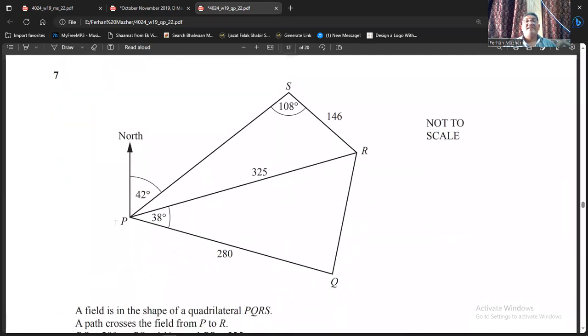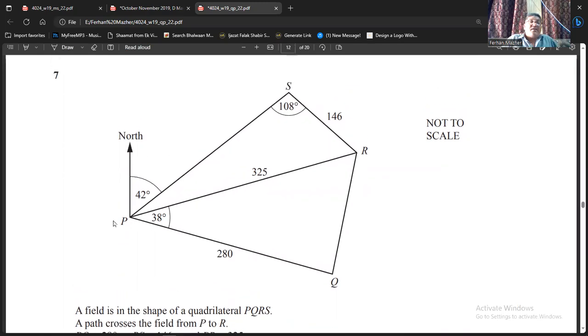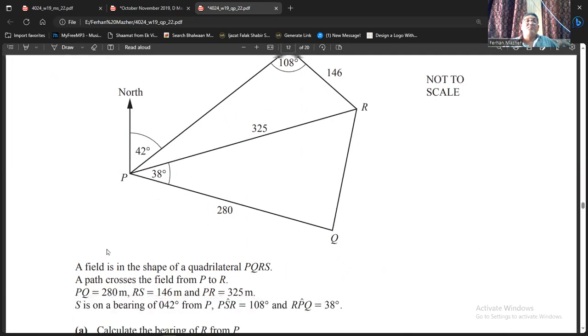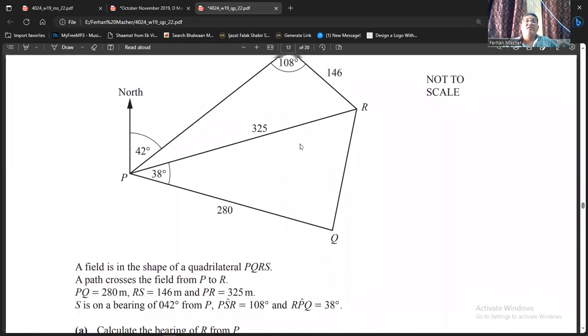Question number 7. He says a field is in the shape of a quadrilateral PQRS. A path crosses the field from P to R, this path.